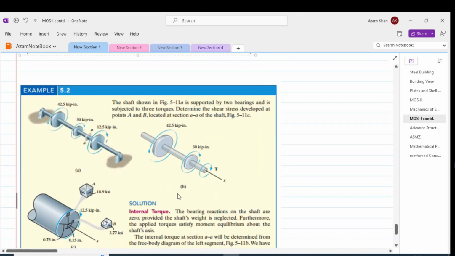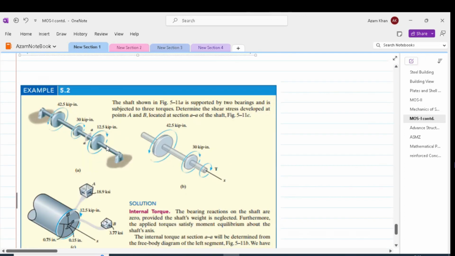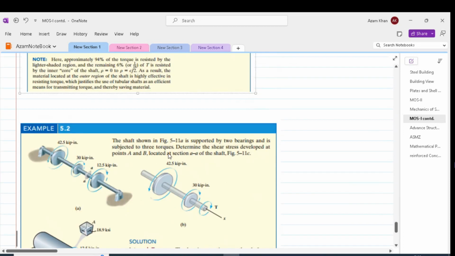Let us now discuss another example where we have a shaft subjected to different torques. As we said whilst discussing the absolute maximum torsional stress, we will have to work out the maximum torque within the shaft. We are asked to find out the shear stress developed at point A and point B located at section AA of the shaft.